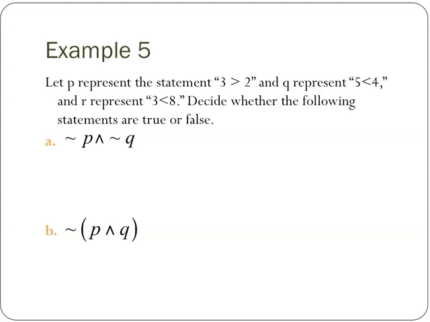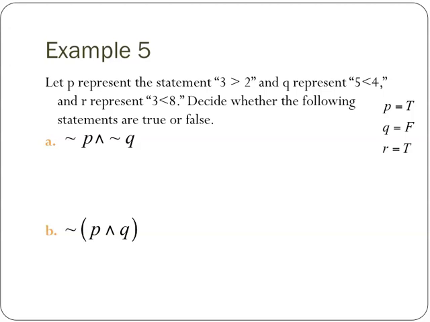P represents 3 is greater than 2. That's true. Q represents 5 is less than 4. That's false. And R represents 3 is less than 8. That's true. Let's stick to using what we have here on the side.